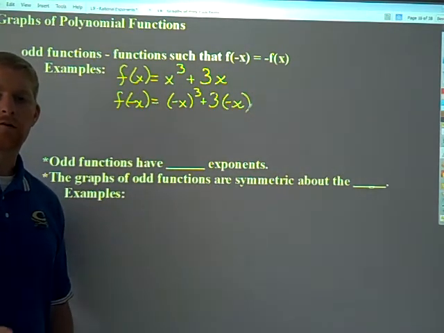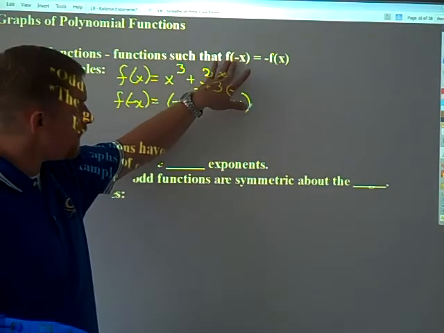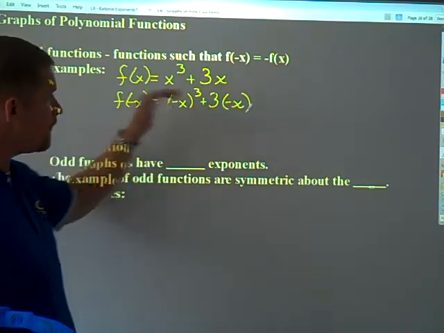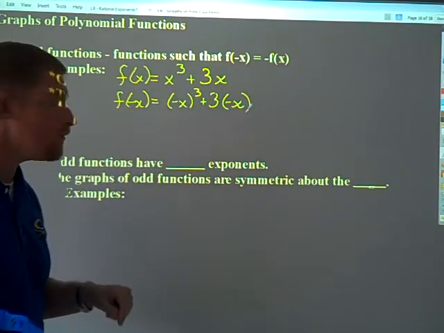The checkpoint here is that if f of negative x gives me the opposite of f of x, then I do have an odd function.